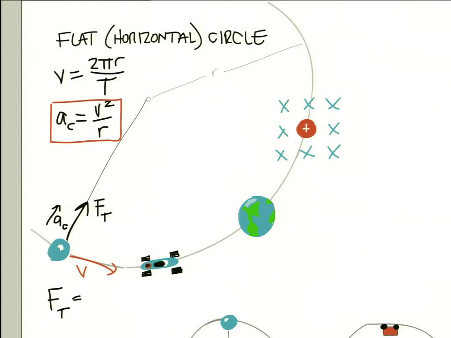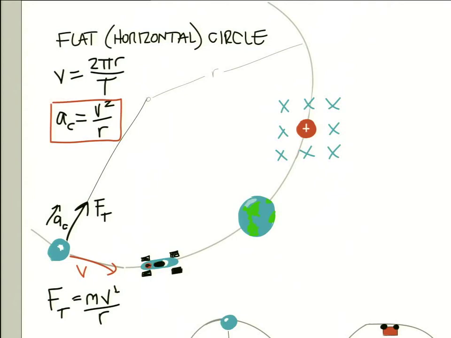And that must be equal to the mass times the acceleration. But the acceleration that the ball is experiencing is a centripetal acceleration. So we can change this with our equation above to be mv squared over r. And that's our basic relationship for circular motion, mv squared over r.